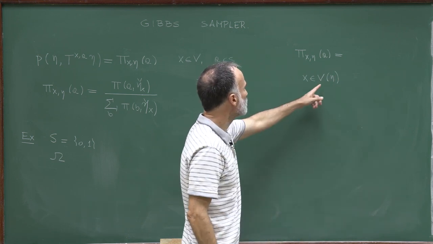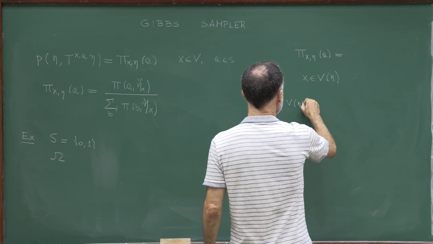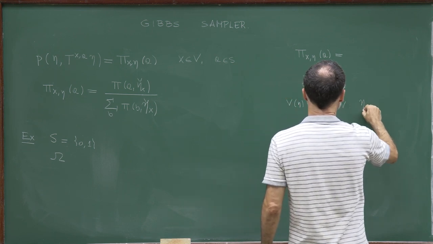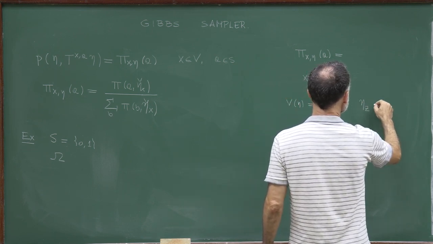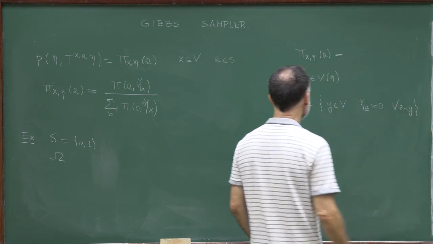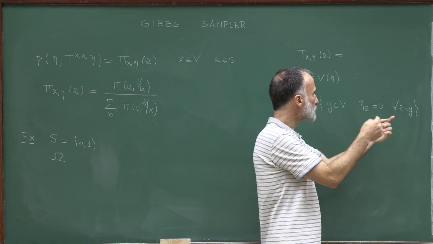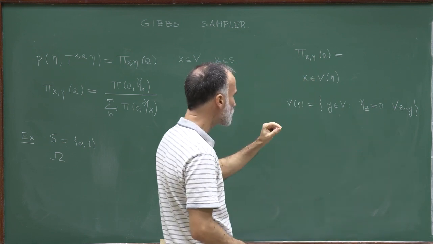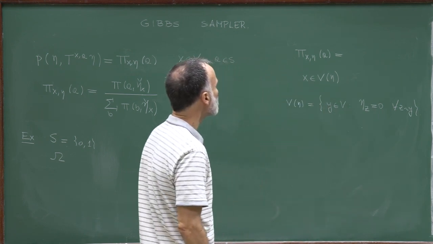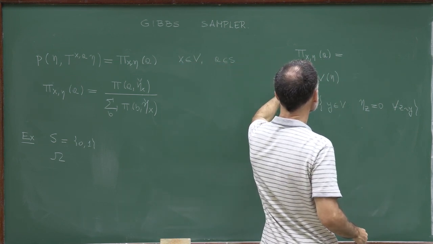So remember that V eta is the set of vertices y such that eta z is equal to 0 for all neighbors z of y. So it's the set of vertices y such that all neighbors of y are empty. So y can take two values, 1 and 0. So if x belongs to v of eta, this means that the value of x can be either 0 or 1.